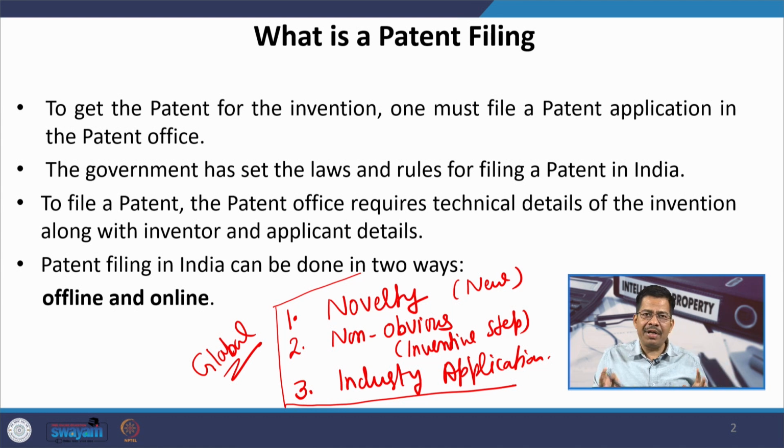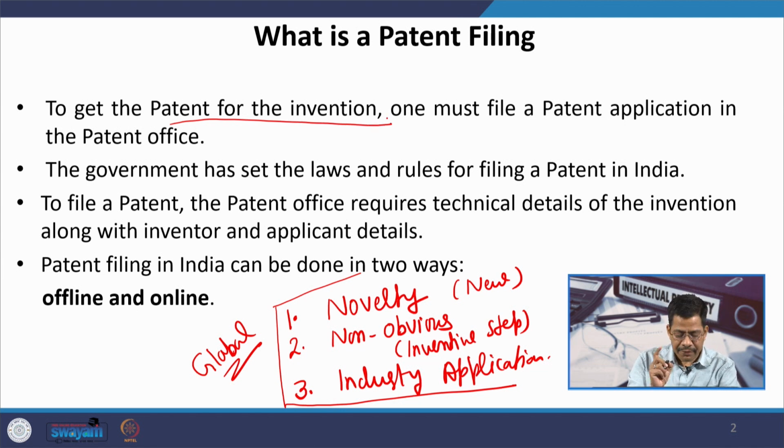If it is not an application-oriented invention, a patent will not be possible. So, to get the patent for the invention, the first and foremost thing you need to check, before going for filing the application in the patent office, is whether these three conditions are fulfilled or not.